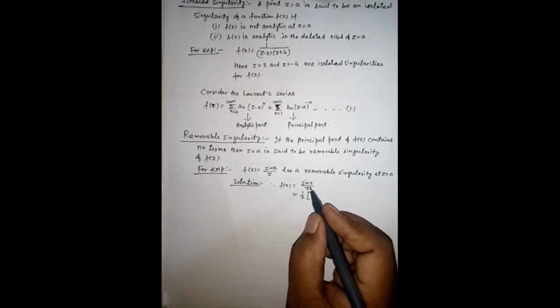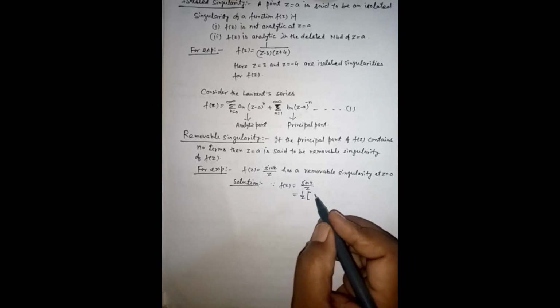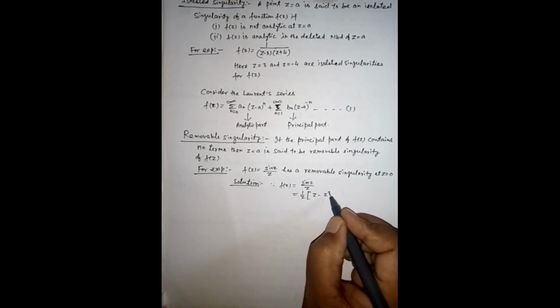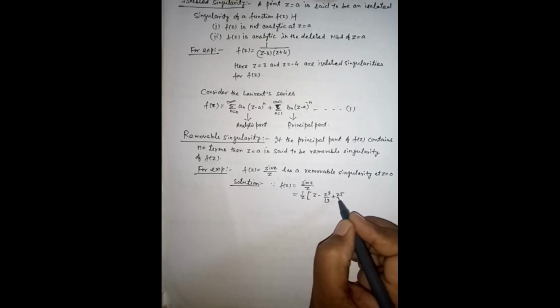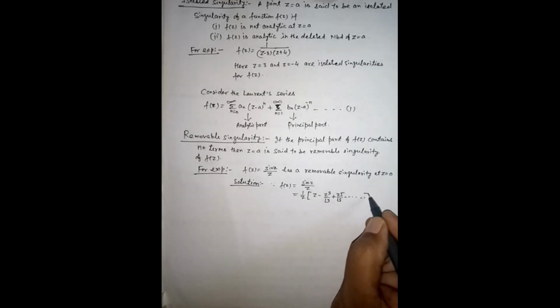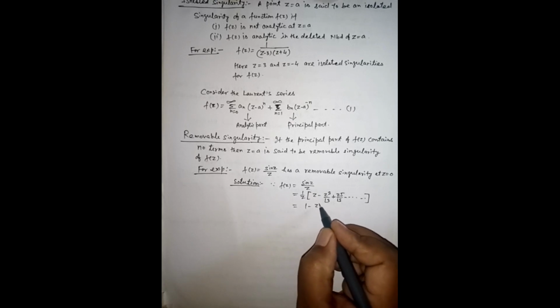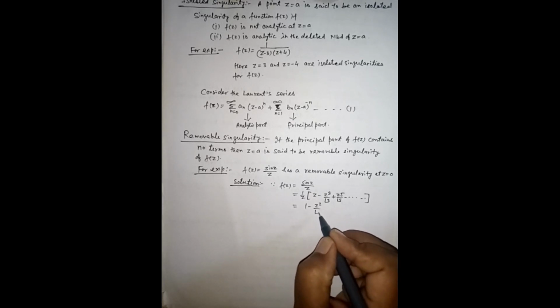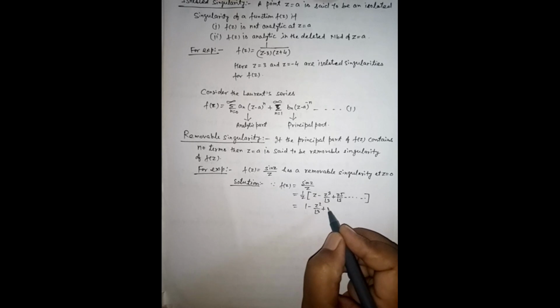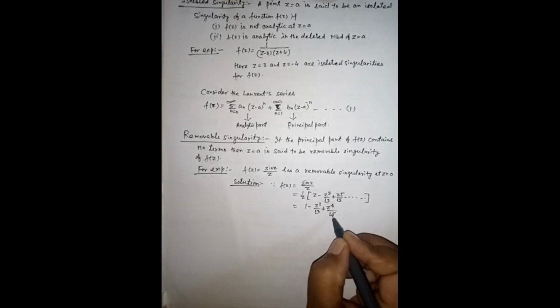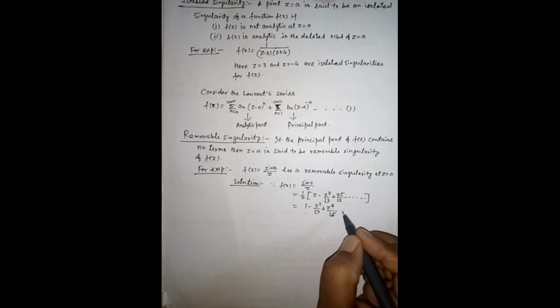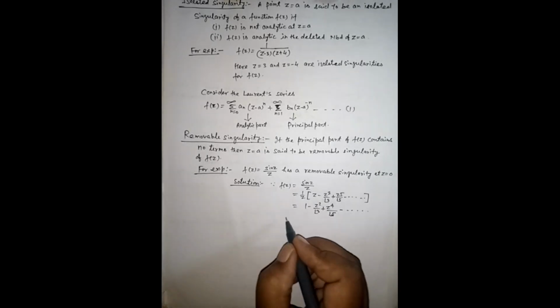If we expand the function sin z, we get z minus z cube upon factorial 3 plus z power 5 upon factorial 5 minus and so on, and this gives 1 minus z square upon factorial 3 plus z power 4 upon factorial 5 minus and so on.